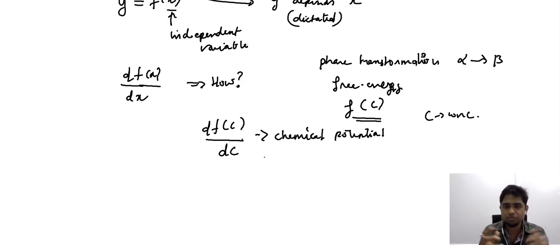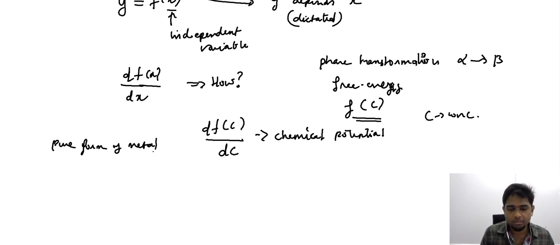That assumption is, supposing I have an element or a pure form of a metal, then in this case, when I want to represent the concentration of this metal, I don't have much of a choice, because this metal is completely made up of a single component.